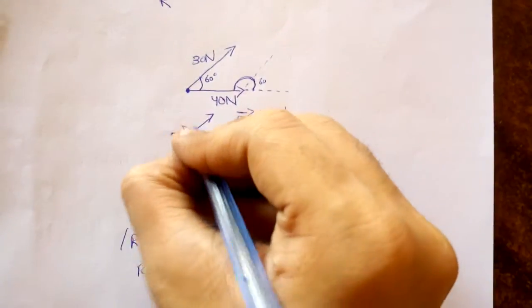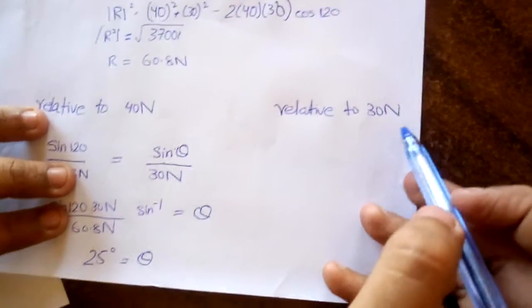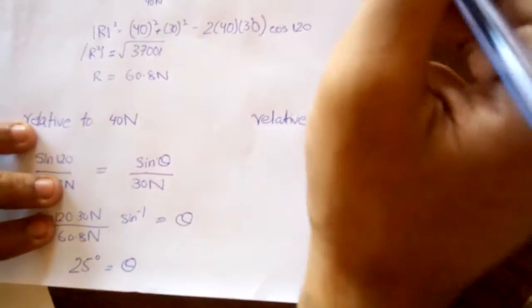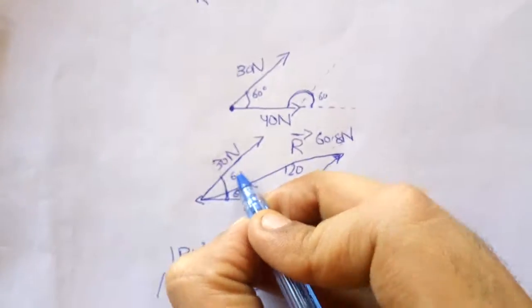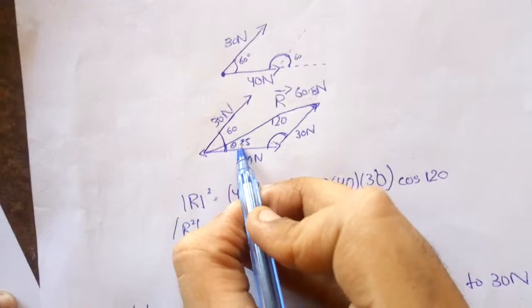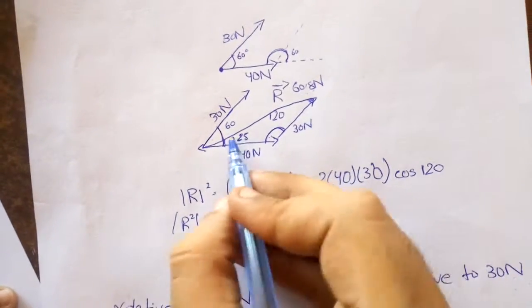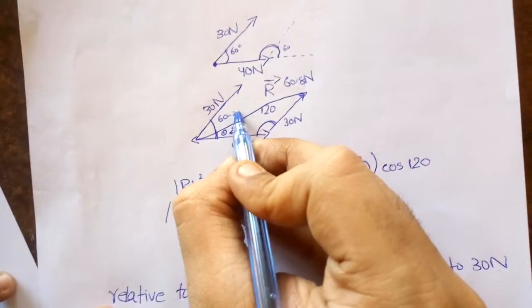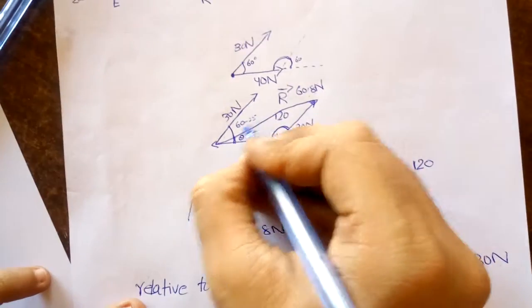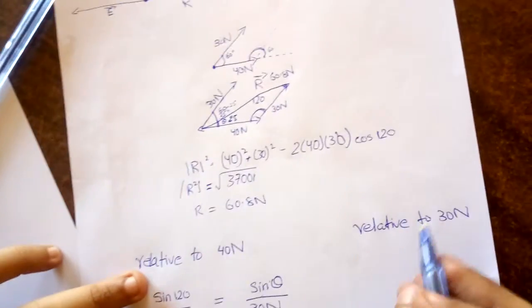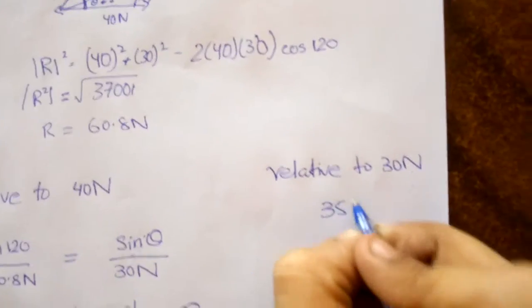Now we have to find relative to 30 newtons. We knew that this full angle was 60, and if this is 25, we will minus this from 60 and we will get 35 degrees. So this will be 35 degrees.